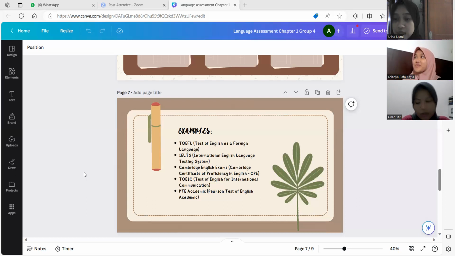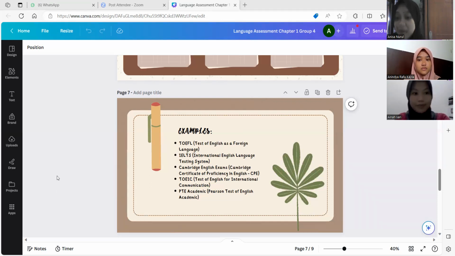TOEIC measures English proficiency in a business context, often used by companies to assess employees' English skills. So TOEIC is usually used for company work requirements. Meanwhile, TOEFL and IELTS are also for work, but usually used for study or to apply to a university.